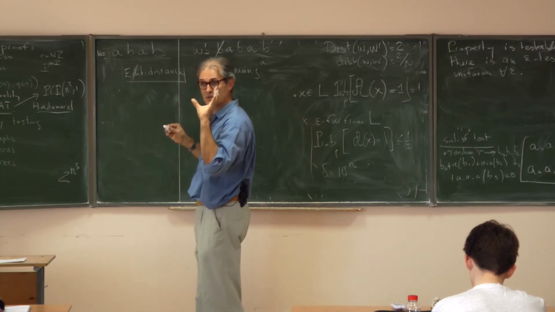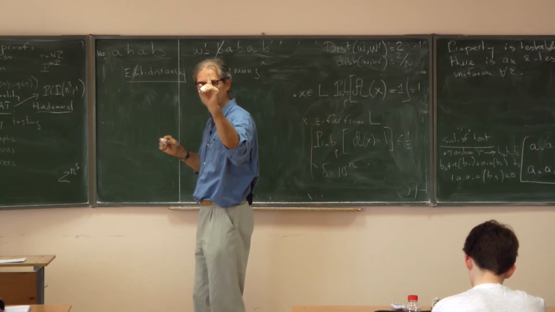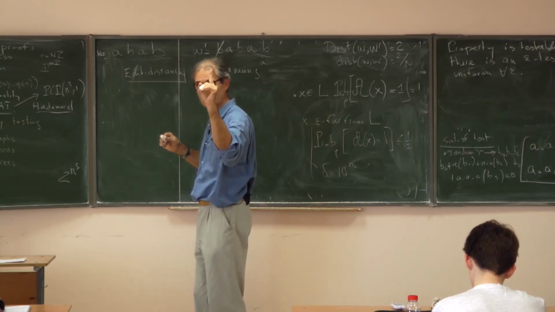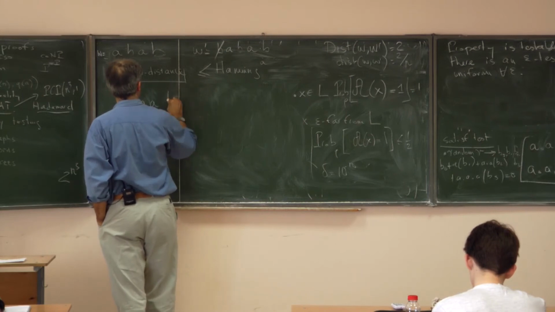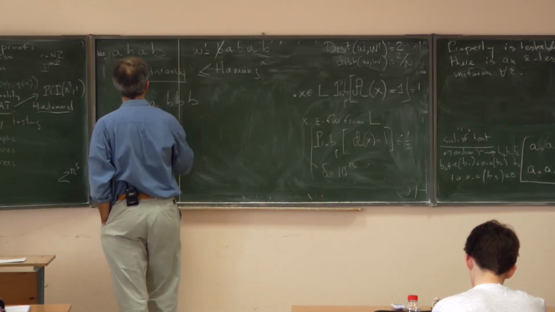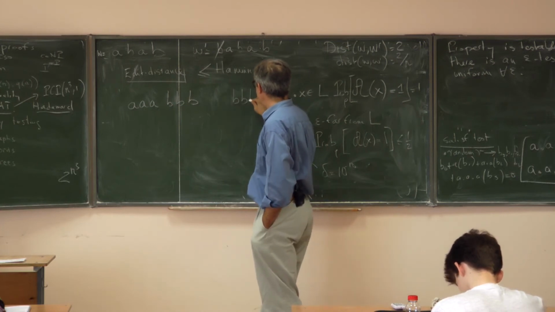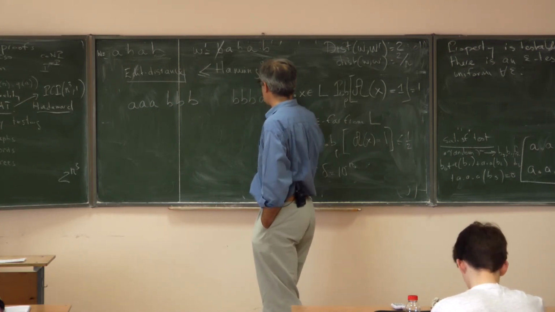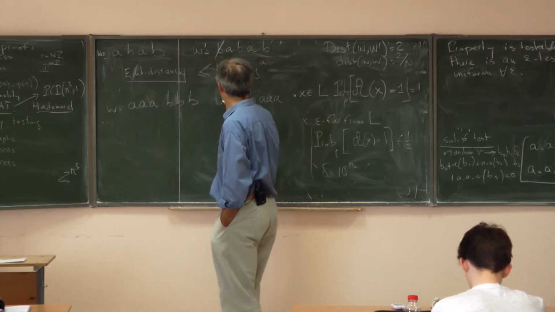In other words, I want to take a chunk, move it somewhere else, and it takes one step. I count it as 1. So typically, for example, if you have the AAs and the BBs, and the other one has the BBs and the AAs, this is W, and this is W prime.